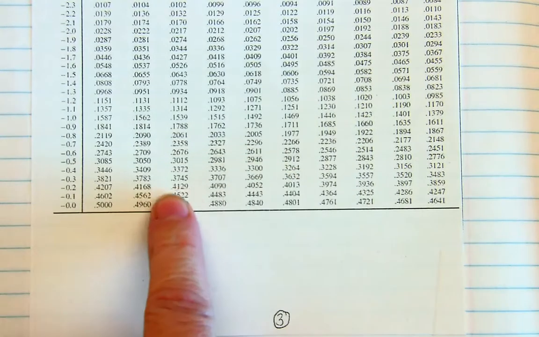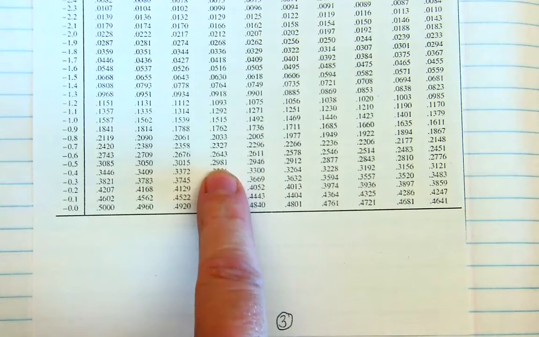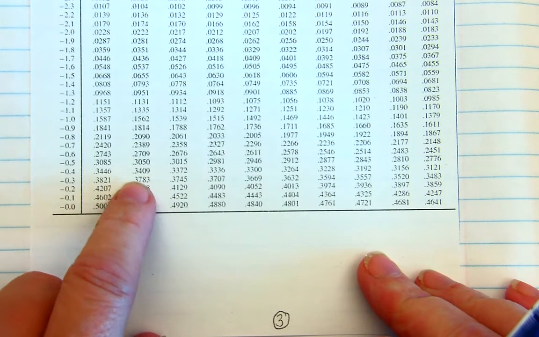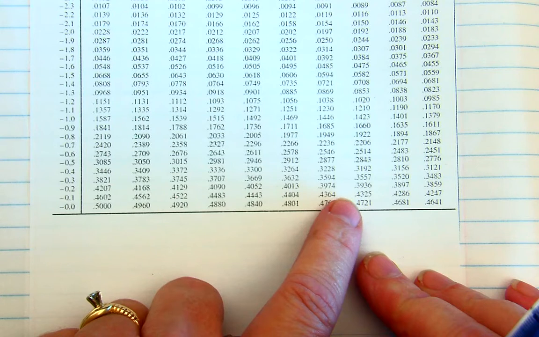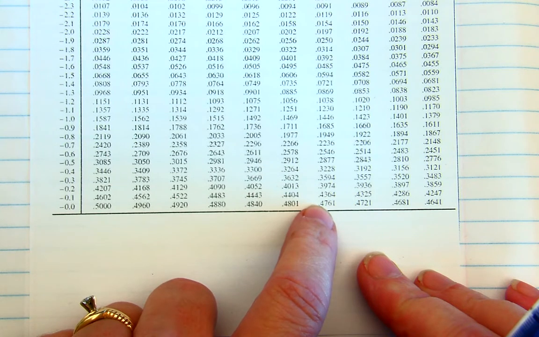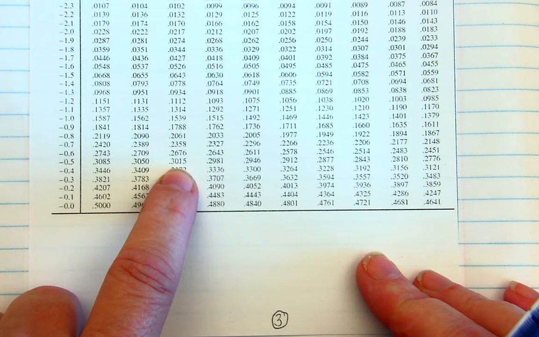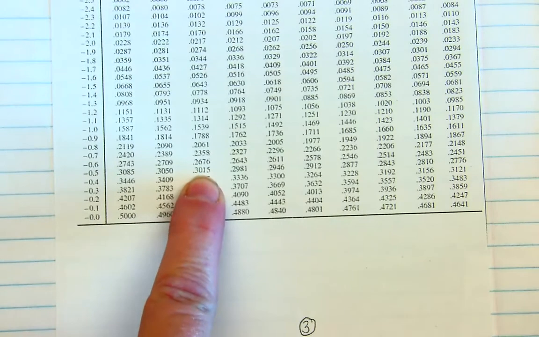Okay? Because I want 30%. So if we look down here at the bottom, it goes from smaller to larger values. So I'm looking for the value as close as I can to 0.30. Yeah, 0.3015 is as close as we can get.